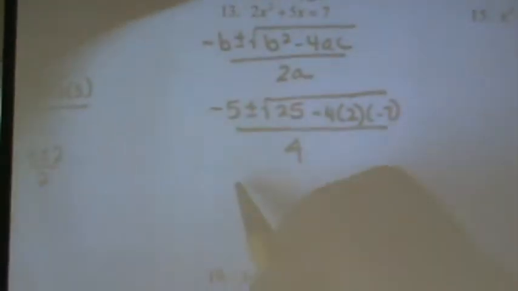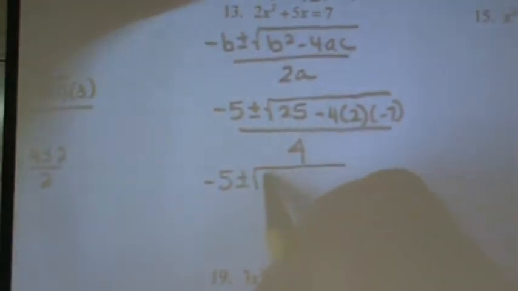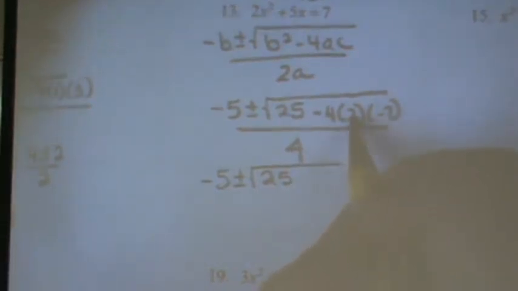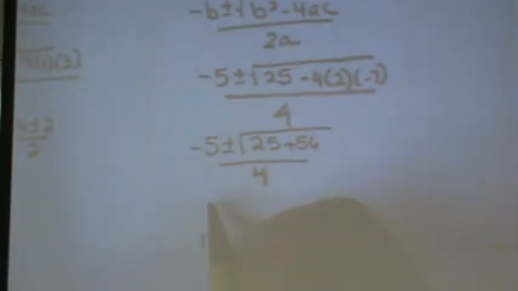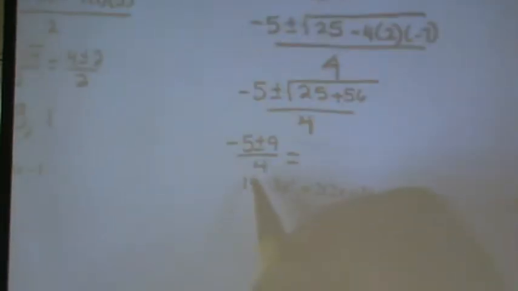So right here you have negative 5 plus or minus the square root of 25. Now we have a negative negative, so this is going to be 8. 8 times 7 is 56, all over 4. So we're going to add these, you get 81, and the square root of 81 is 9. So it's negative 5 plus or minus 9 over 4, and we can simplify that.